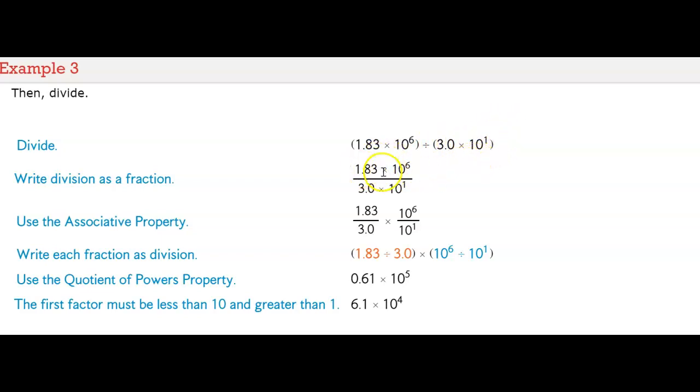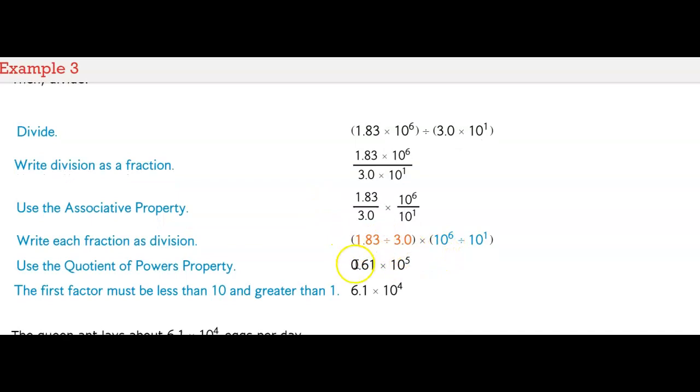So they wrote the division as a fraction. And then you take the powers of ten, and you divide those, and you take the numbers and divide those. This equals 0 and 61 hundredths.